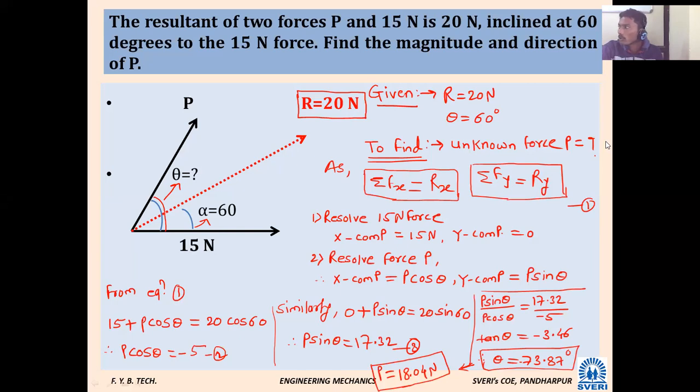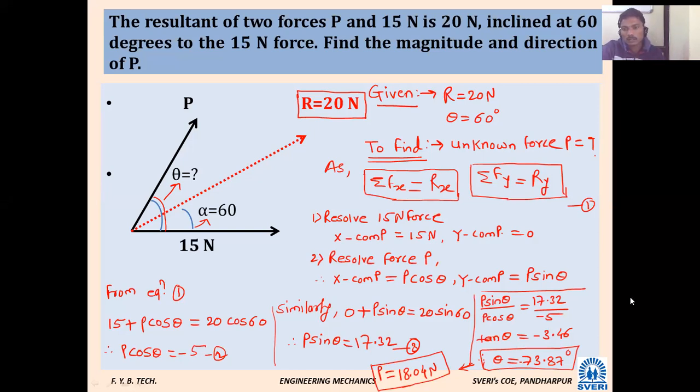That is our regular procedure. But in this, the resultant and its angle are given, and you are supposed to find one of the unknown forces. What was given in the problem? What is the change between the earlier problem and this problem?